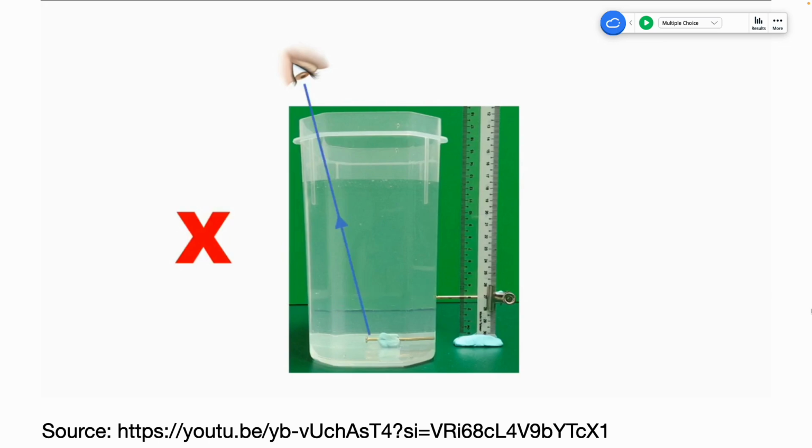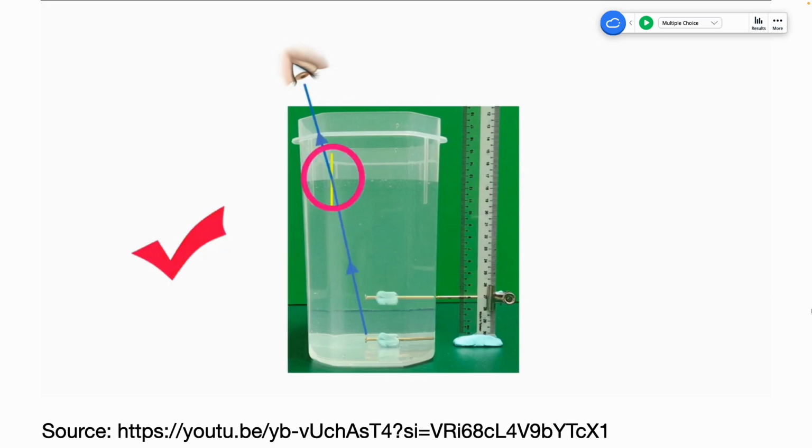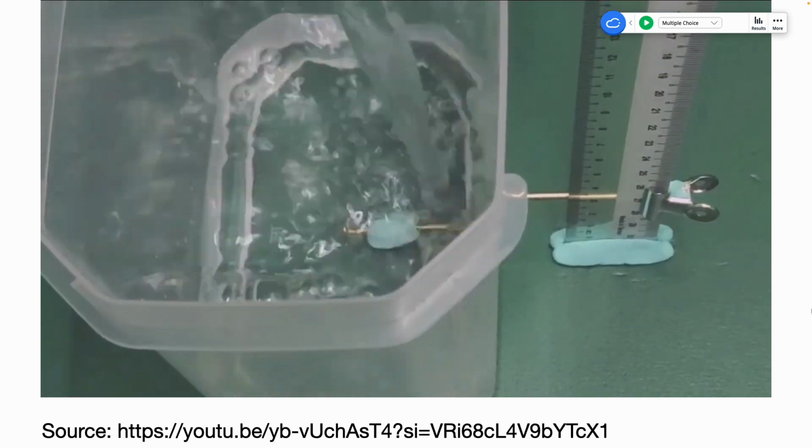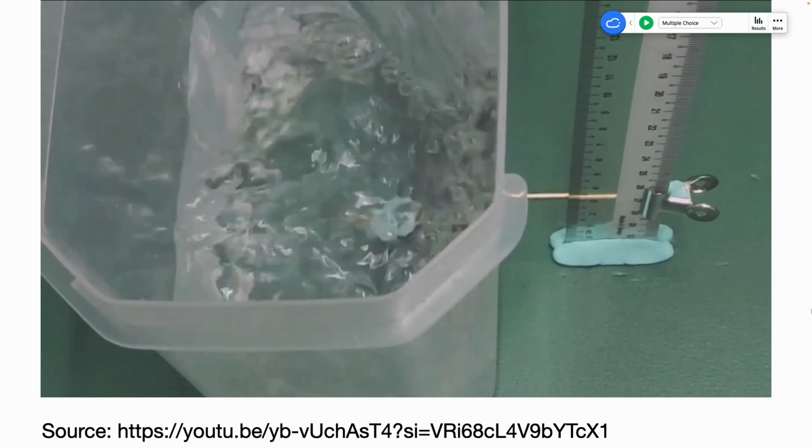So physically, the nail is still down here, but because the light no longer goes in a straight line, it got refracted and then enters your eyeball. So your eyeball will trace back to some point which you think the image is, or that's where you find the image.